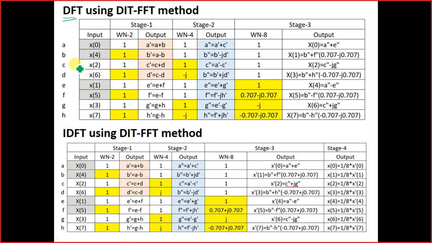I will tell you why it makes your life easier. Even if you do it using the tabulation method, please be sure that you draw the butterfly architecture, using all the values of x0, x4, x2 and all these things, because that is your main architecture for the calculation.